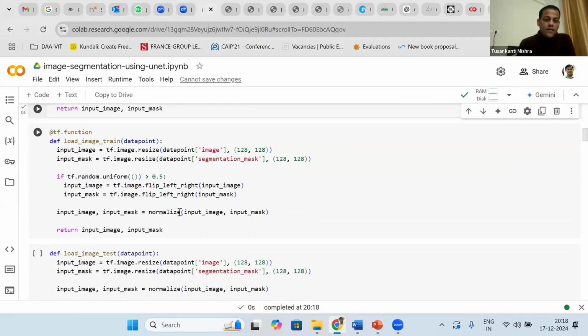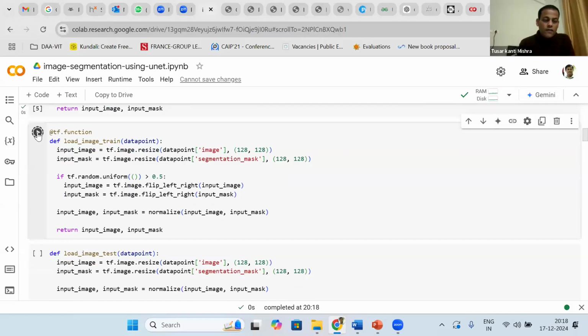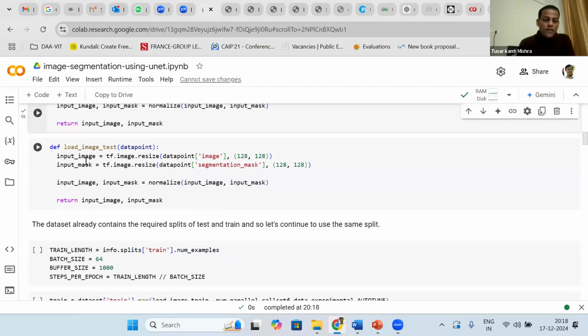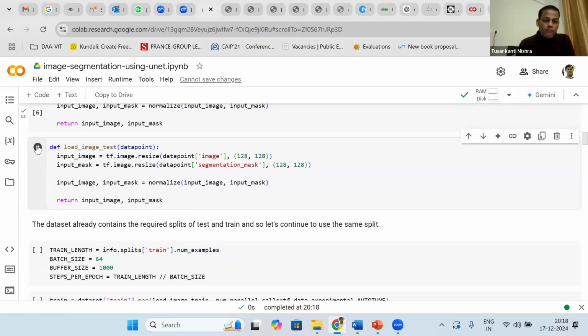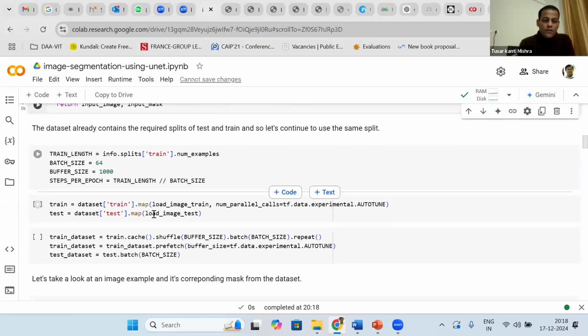Now next task is to load the training dataset and test dataset. For the purpose of training, the first function let us execute. The second one, this one is for the test dataset. The size here we are considering 128 cross 128.